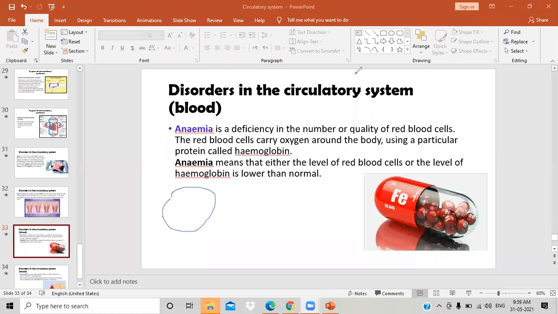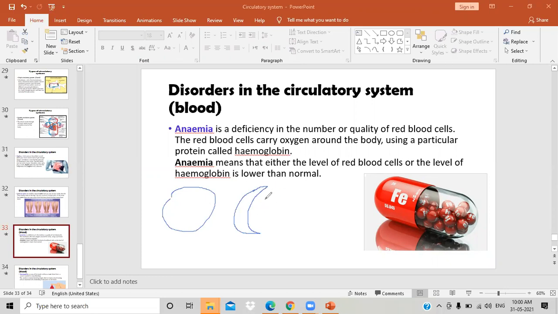Thank you so much. Anyway, this is the shape of the red blood cell. Some people's red blood cells look like this. They are not producing the right shape of red blood cell. It looks like a crescent. Yes, this is true. It happens.